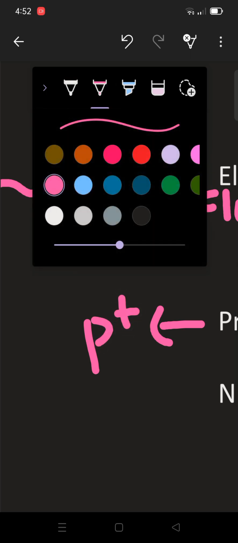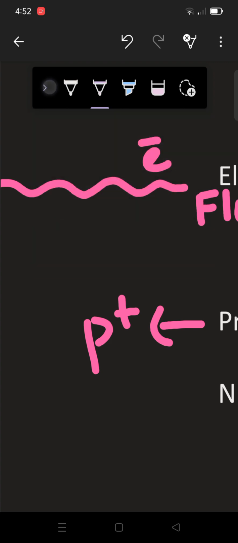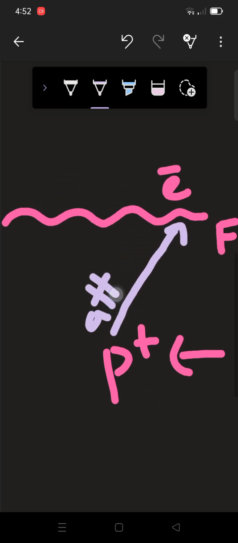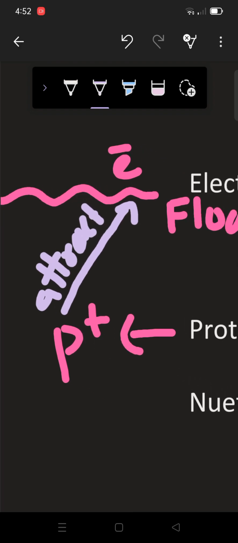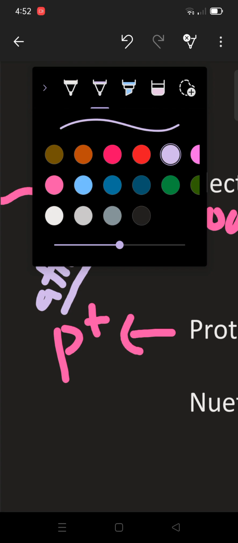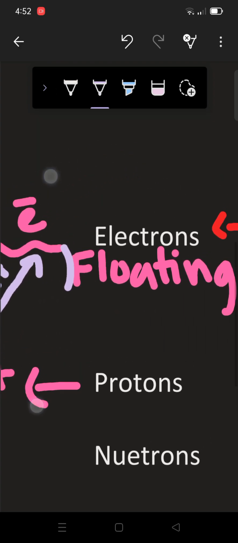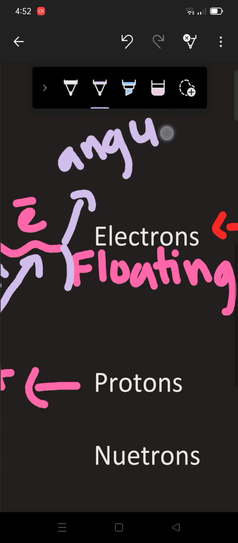Proton will attract electron. When it attracts, you know what will happen? It will curve its position. There will be an angular circulation then.